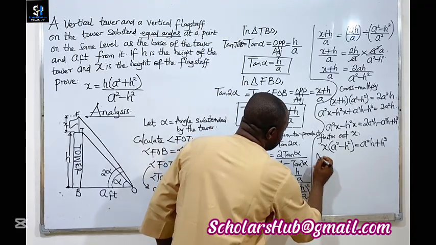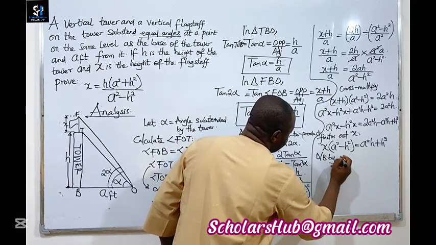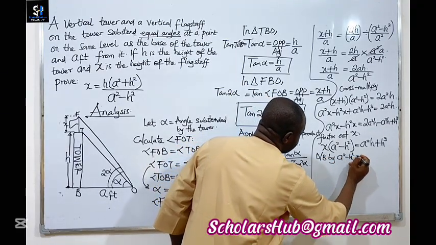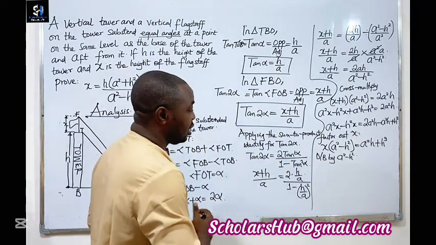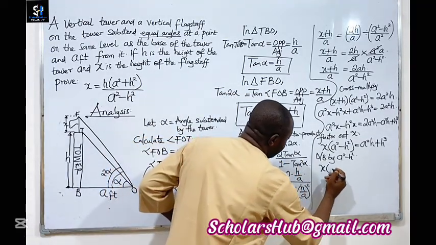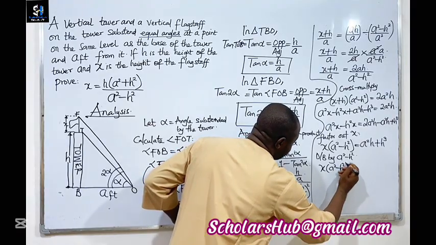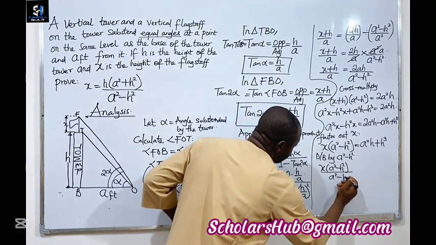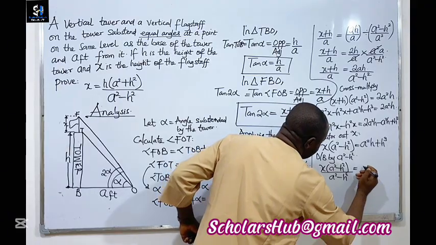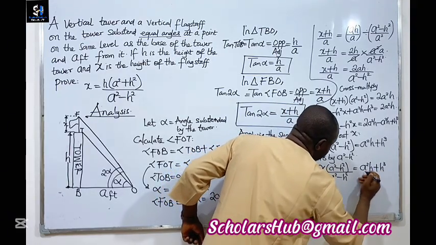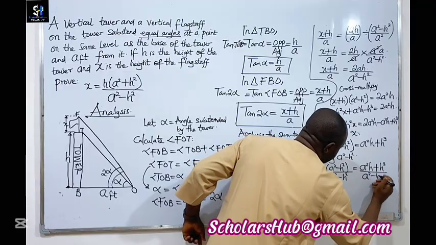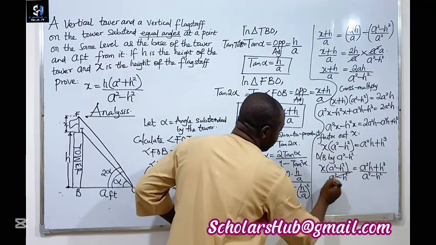Now let's divide both sides by a squared plus h squared so that we can isolate x on the left hand side. So we have a squared plus h squared divided by a squared plus h squared equals a squared h minus h cubed divided by a squared plus h squared. This will cancel this.